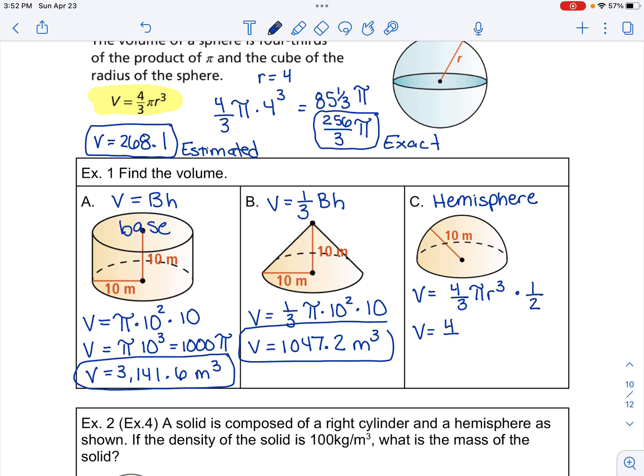So our radius for this one is 10. So we can type it all in. You can do it in parts. You can put the fractions together by multiplying them. When you multiply all these numbers together, it does not matter which one you start with.